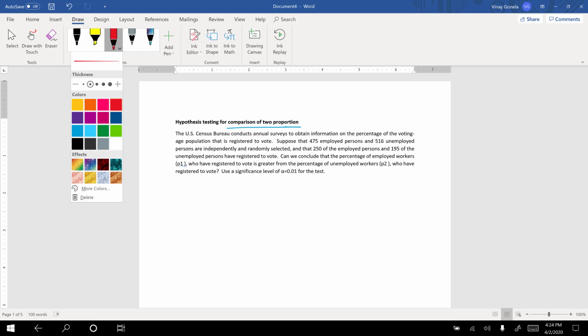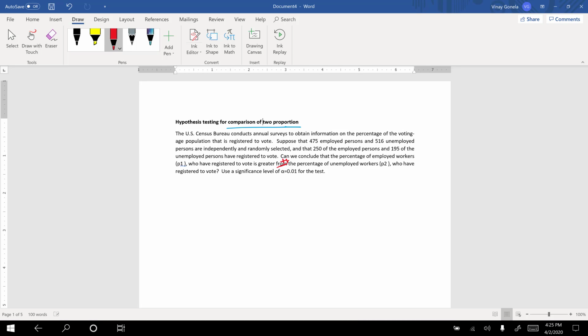Can we conclude that the percentage of employed workers who have registered to vote is greater than the percentage of unemployed workers who have registered to vote? Use a significance level of alpha equal to 0.01 for the test.